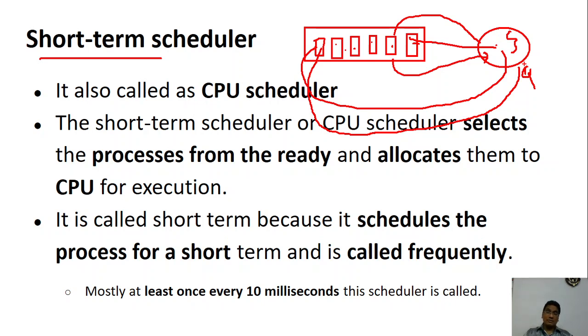So a lot of processes have to be given to the CPU, and this short-term scheduler is called every now and then, because every time its work is to pick the best from the queue and give it to the CPU. That's why we call it short term, because it is called frequently. In general, it is called every 10 milliseconds.